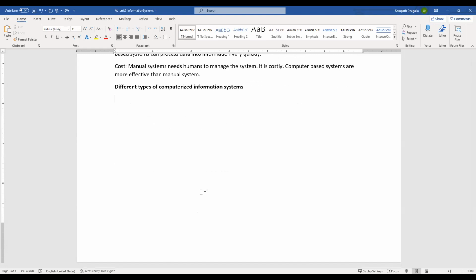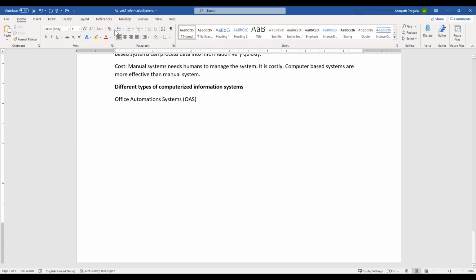So in offices, we need these ones. Those are known as office automation systems. I will discuss this in detail, but right now I'm going to write only the name, office automation systems, and in short, we say OAS. So that's the first one.